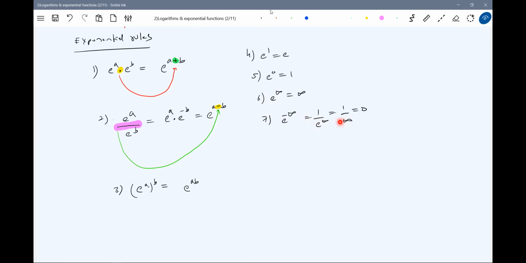So at many places we'll be using it: e to power of infinity will be infinity, e to power of minus infinity will be 0. Okay, good. So these are some exponential rules we have brought.